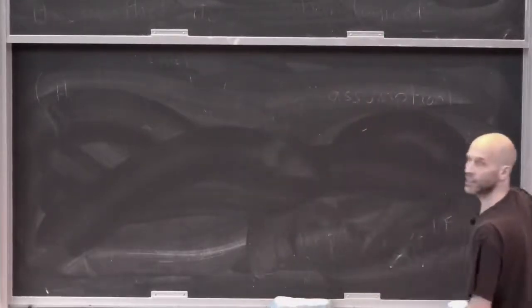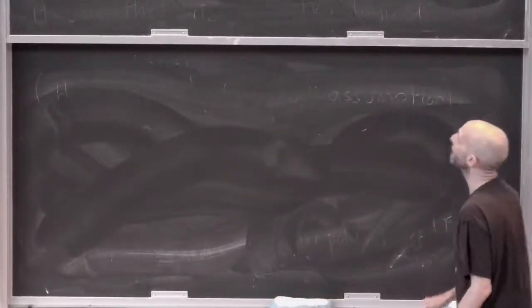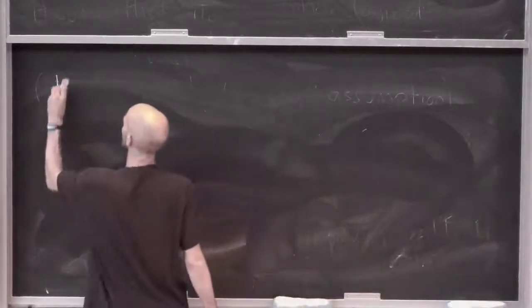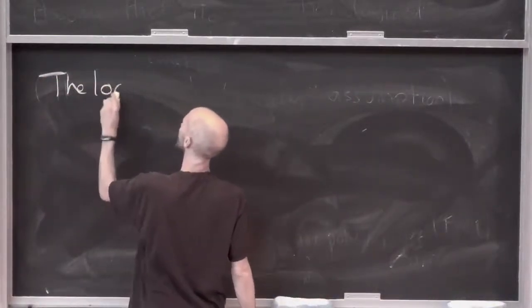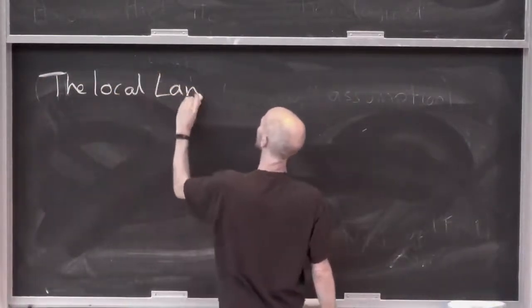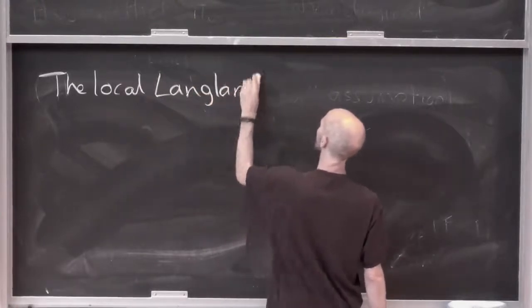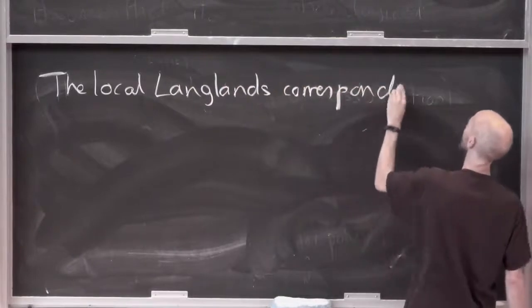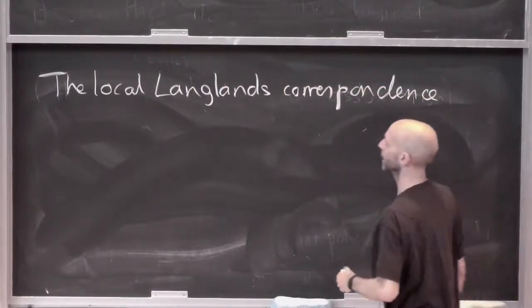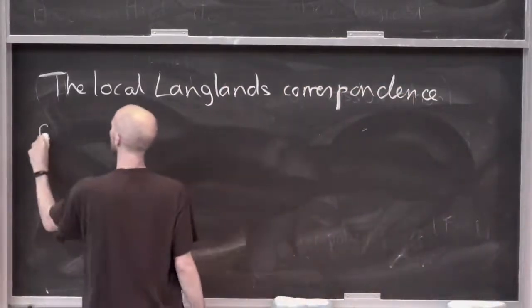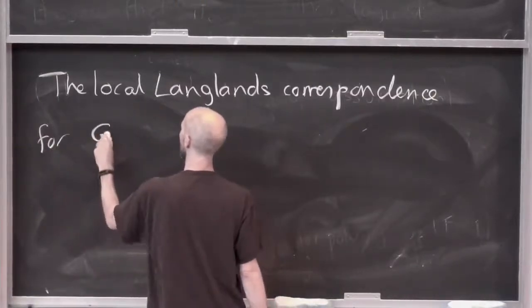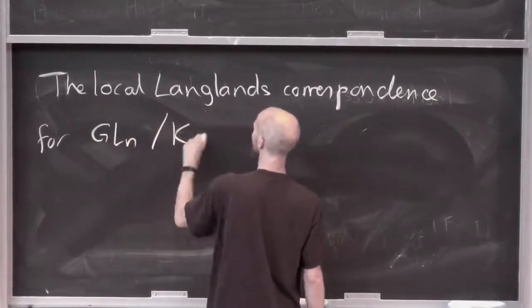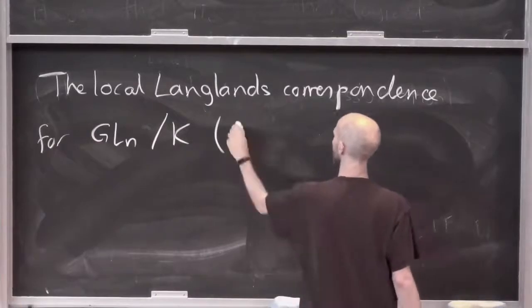The first lecture was global, so now the local Langlands correspondence for GLN over K, where K is now a p-adic field.